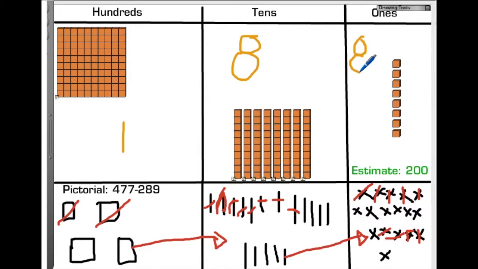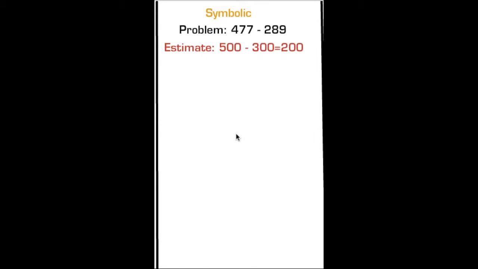So we now know that our difference will be 188. Which is also represented pictorially 477 minus 289 symbolically.